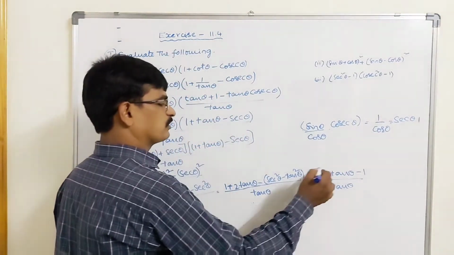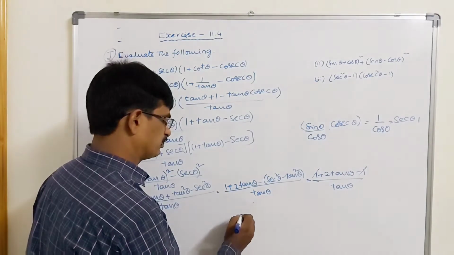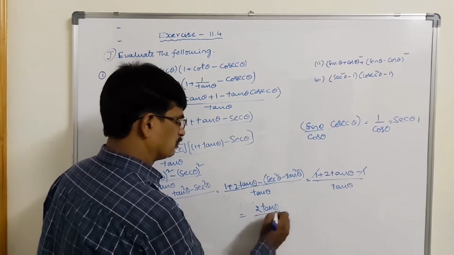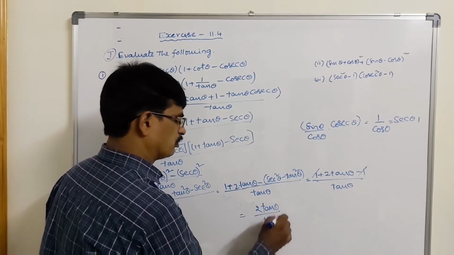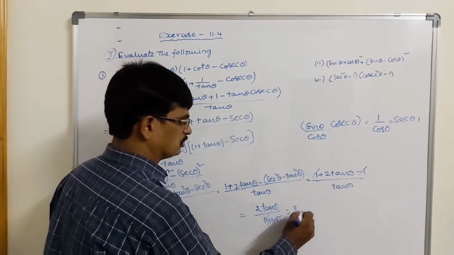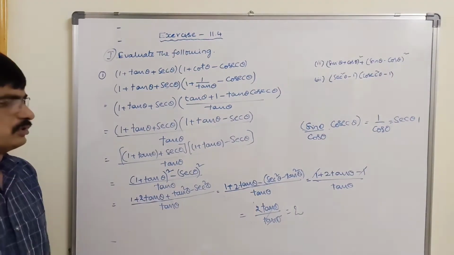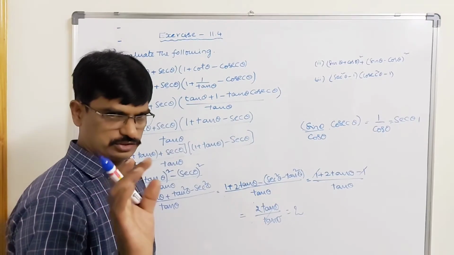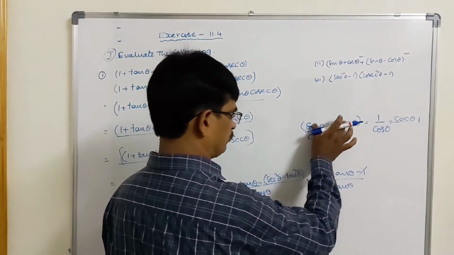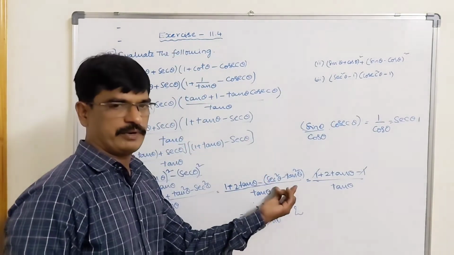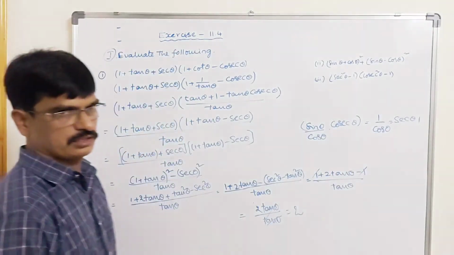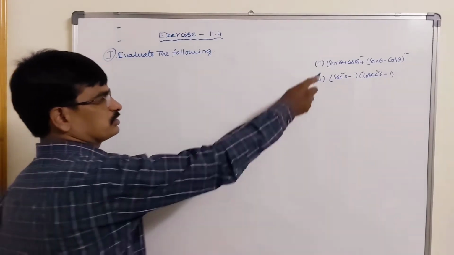Now plus 1 minus 1 cancel out, then 2 tan theta by tan theta. Tan theta cancels out, the final answer is 2. So here we used sin theta into cosecant theta is equal to 1, the reciprocal concept, and the trigonometric identity secant square theta minus tan square theta is equal to 1.